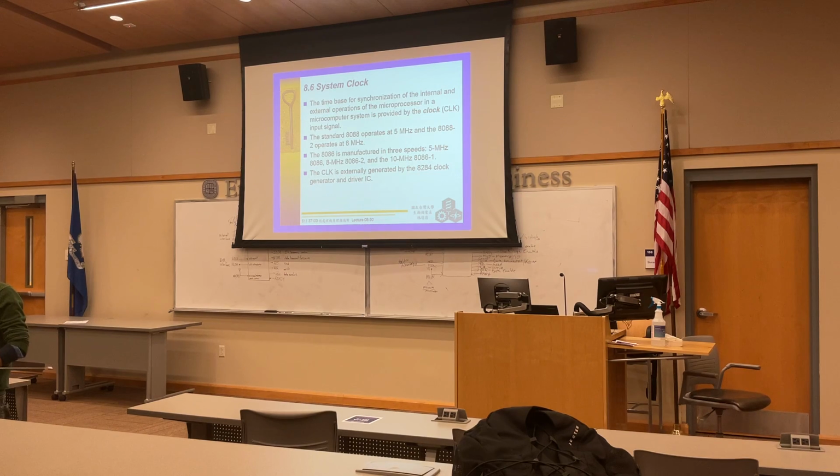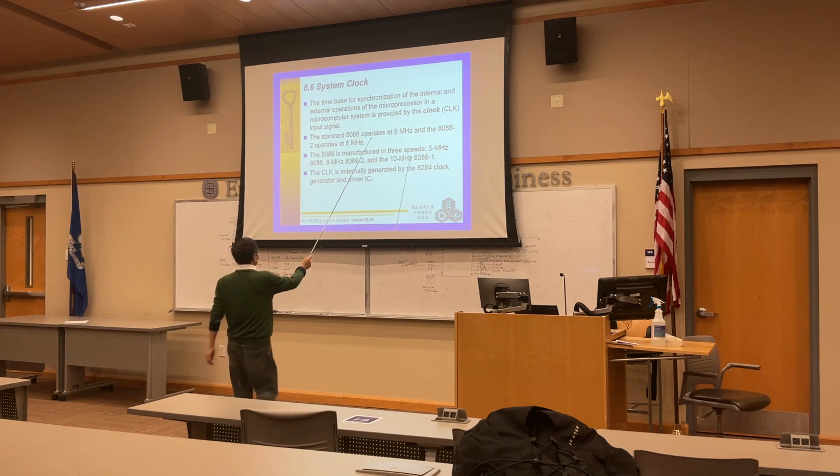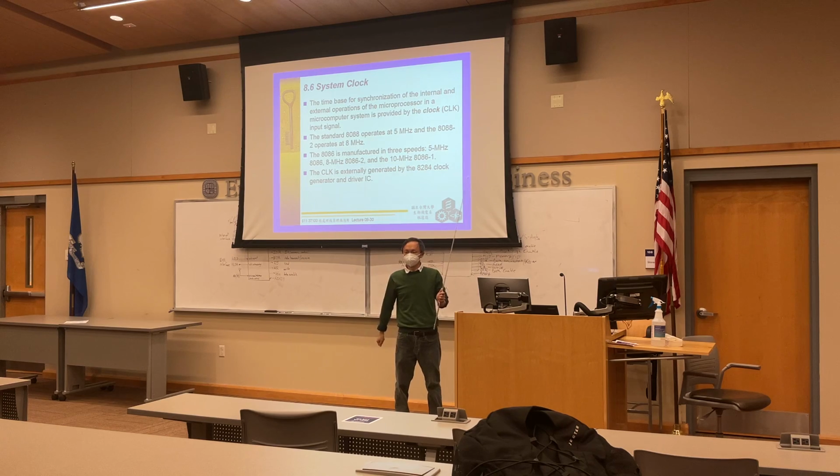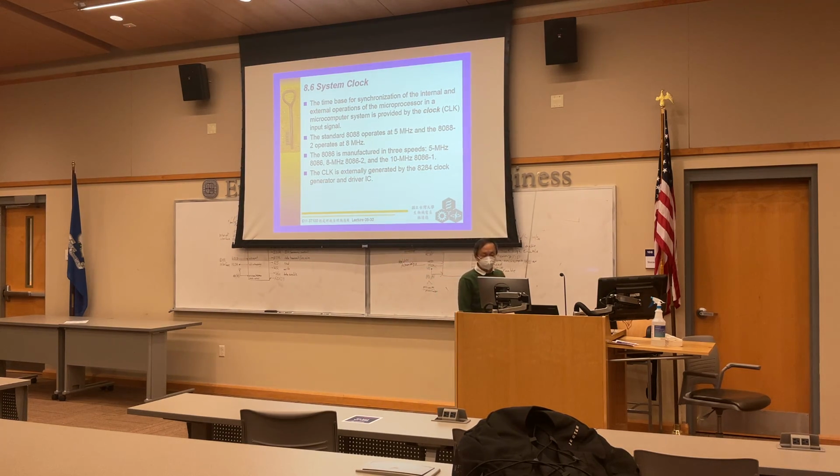We need a very good clock generator to convert this quartz vibration into a digital clock 0101. That's how we get it. It comes from quartz because quartz is very reliable, but we want to convert it to digital.